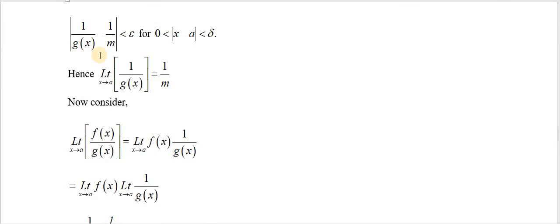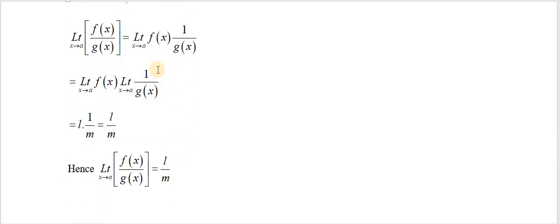So again by using the definition of a limit, limit x tends to a 1 by g of x equal to 1 by m. Now multiply both sides with f of x. Then this one can be written as limit x tends to a f of x into 1 by g of x. Now by using the concept 3, we can write separate limits for this one, first f of x and 1 by g of x.